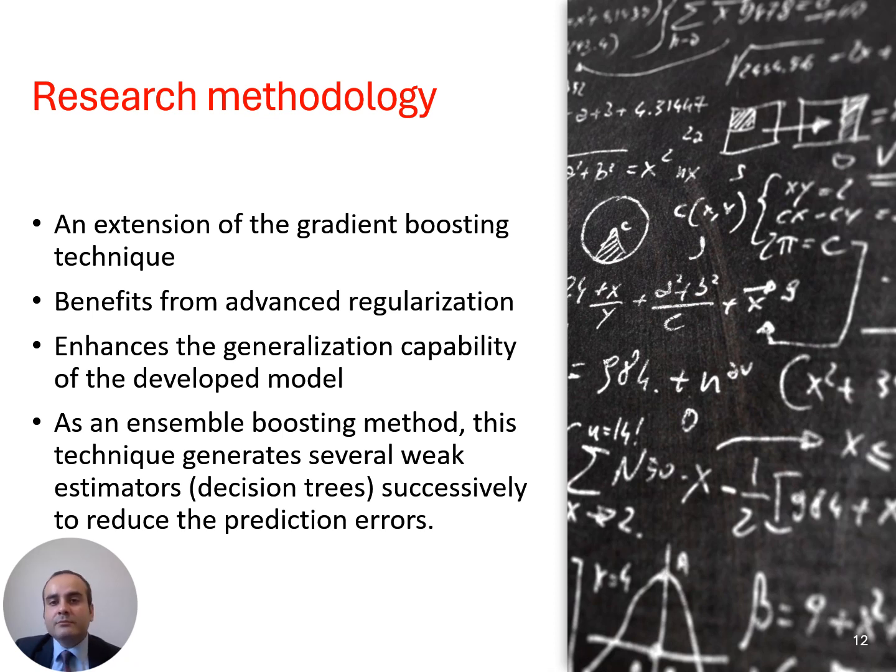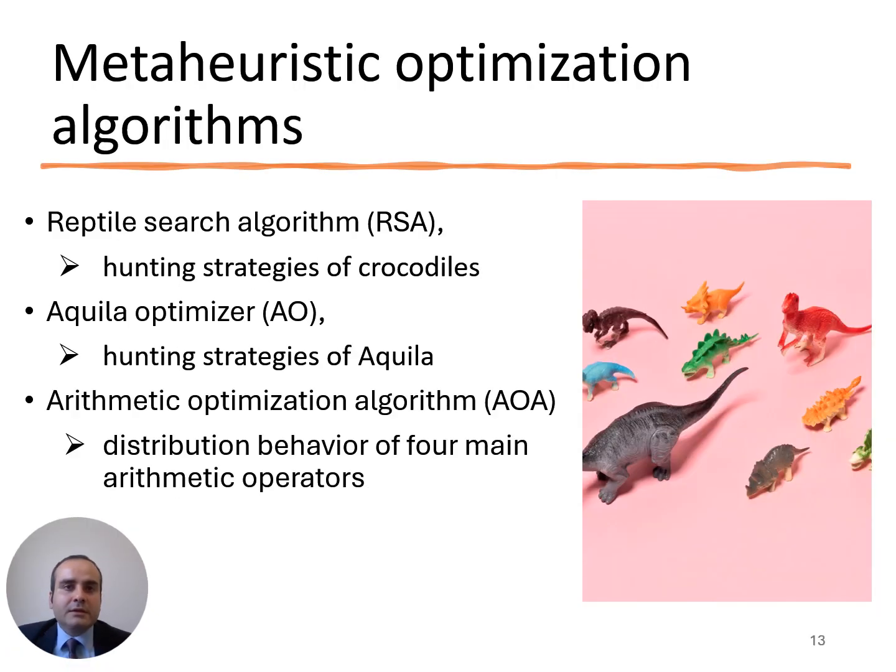As an ensemble boosting method, this technique generates several weak estimators successively to reduce the prediction error. In this study, three synthesized ensemble algorithms are introduced in which three newly proposed metaheuristic optimization algorithms are used for tuning the hyperparameters of the XGBoost technique.